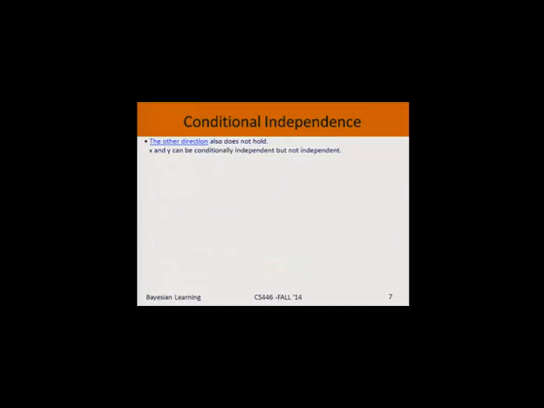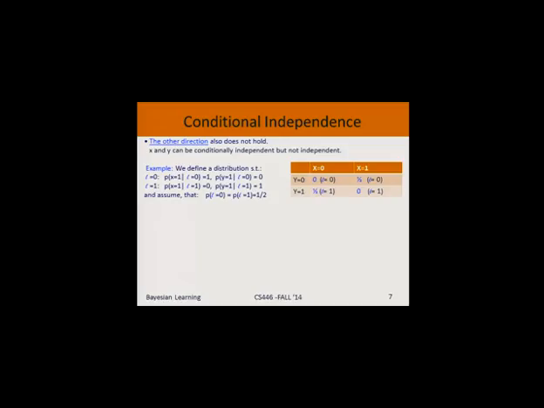I can also give an example in the other direction. We will build a case where x and y are conditionally independent, but they are not independent. In order to do this, we are going to define the following distribution. In the case L equals 0, I'm going to say that x is always 1 and y is always 0.